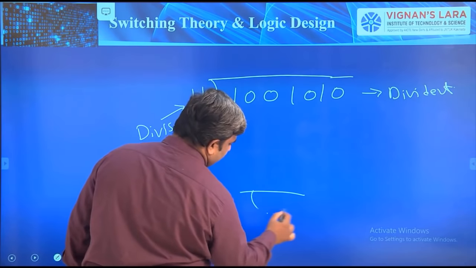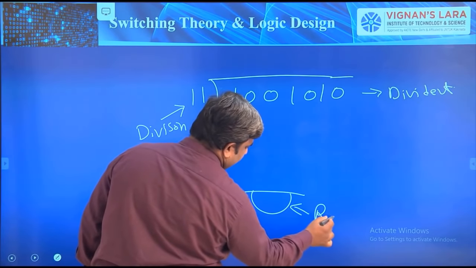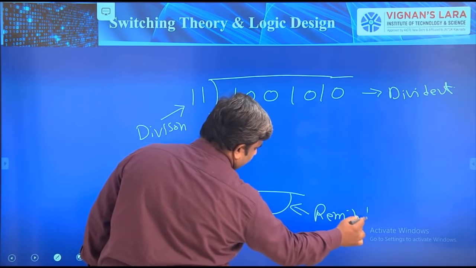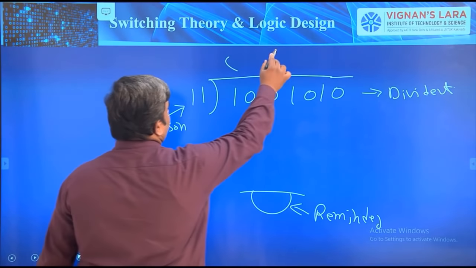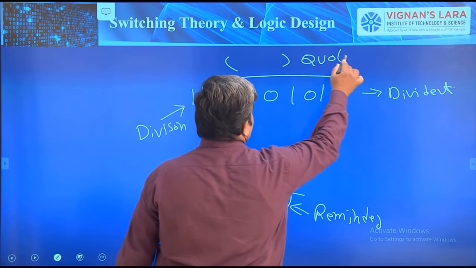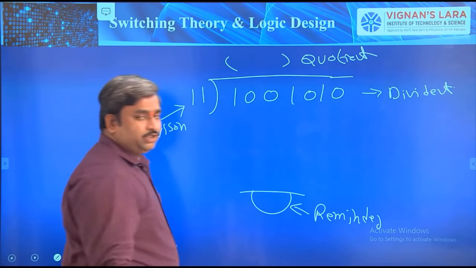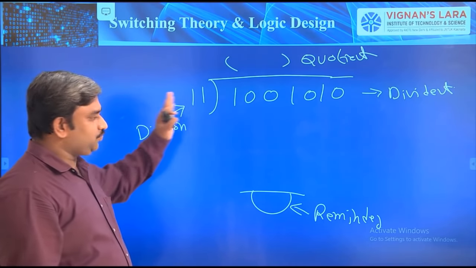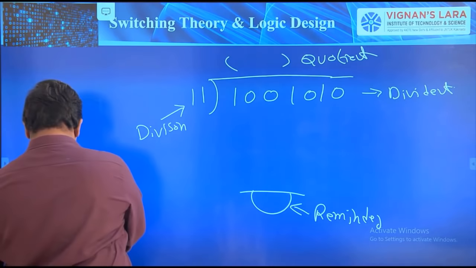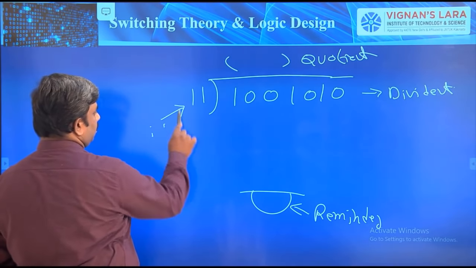After performing, you will get the final remainder, and here you will get some quotient, right? So in the division operation, these four are very important. Remember.